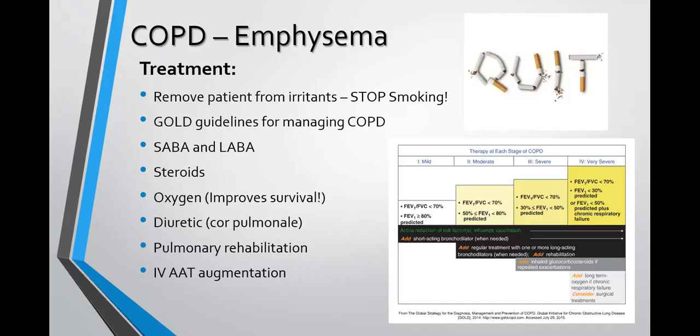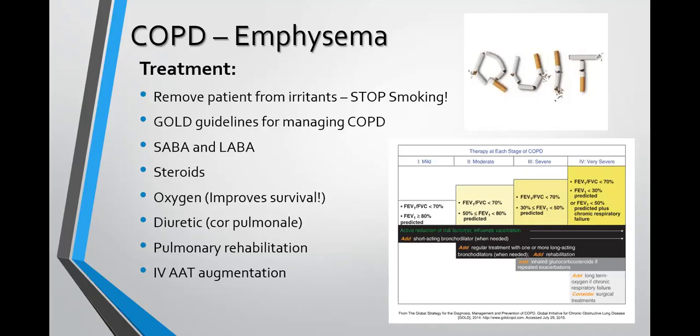And then we do the forced vital capacity. It's kind of like a ratio. If it's less than 70%, it's mild, right? Okay. We want it to be greater than 80%. That's what we want. But if it's less than 70, you have mild COPD.